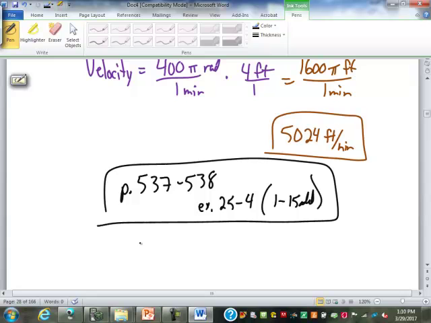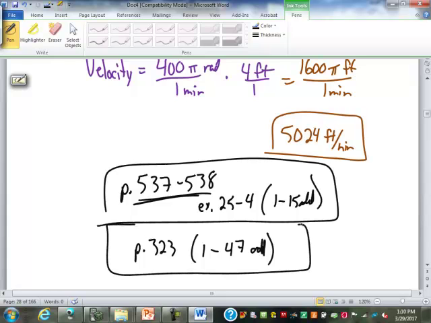This next one I'm going to give you, though, is a little bit better at it. This is page 323 that I'm going to hand out to you, and if you want to do 1 through 47, the odd here. Do both these packets? Yes. This is just the one page. This is out of the packet you already have, and this is going to be a page I'm going to give you now. And remember, there is no class tomorrow because I'm in meetings, so this is kind of doubling up your homework a little bit.